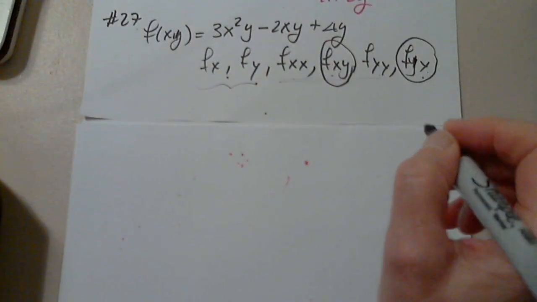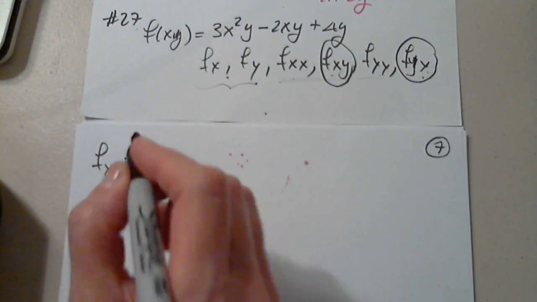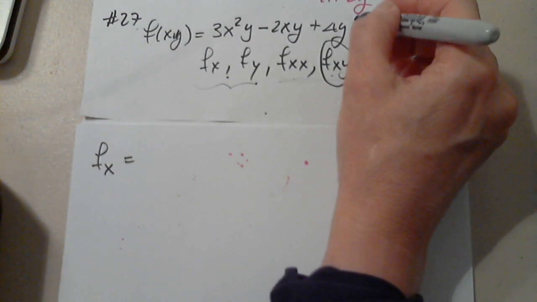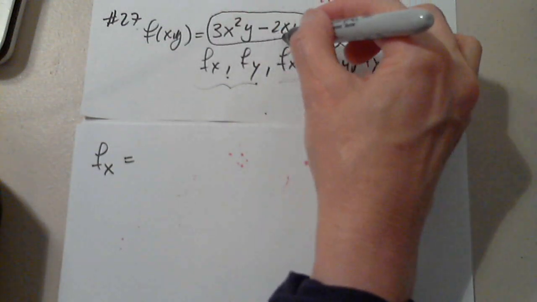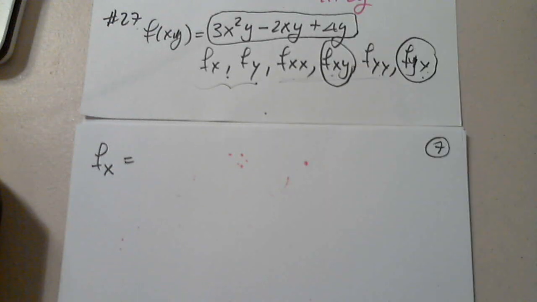Okay, so let's find fx. Let's look at this function and ignore y, because y is a constant. You cannot ignore it by not writing it, but you will ignore it when you differentiate.